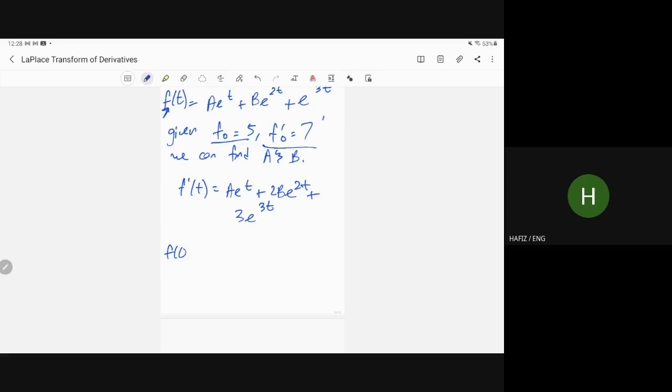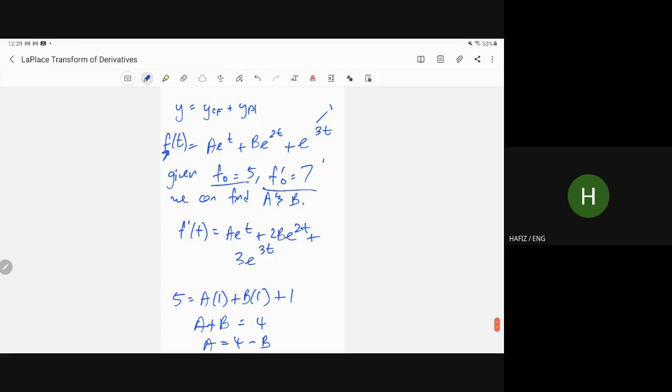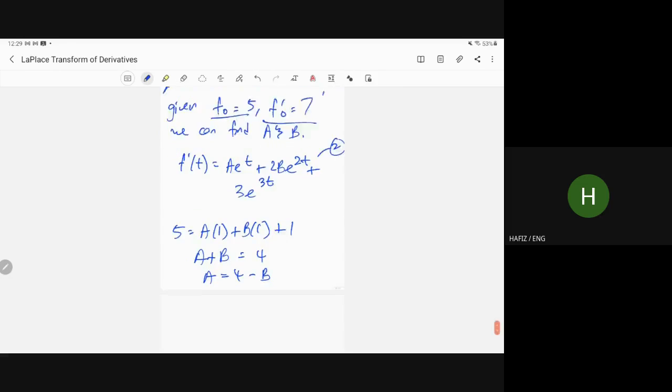So in f(0), f(0) is 5, equals to A e to the power 0 is 1, plus B e to the power 0 is 1, plus e to the power 0 is 1. So A plus B equals to 4. Then we can set A is equal to 4 minus B. That is from this first equation. Now we use this second equation.